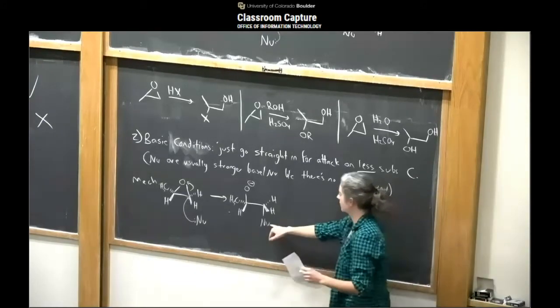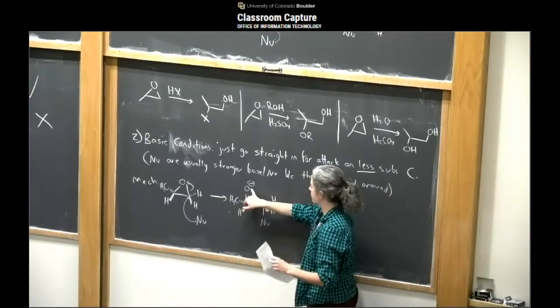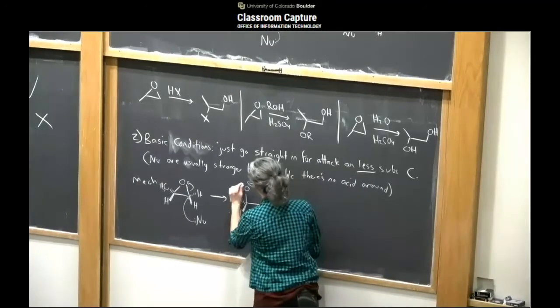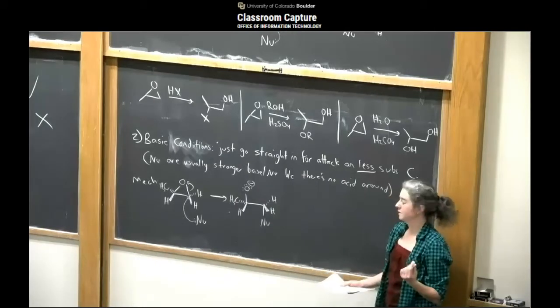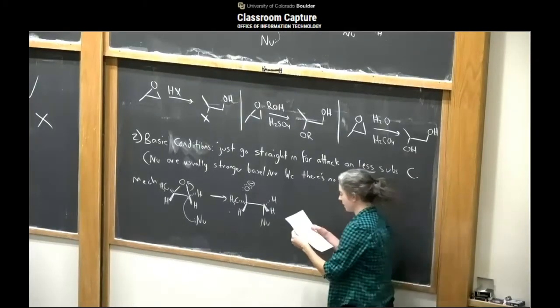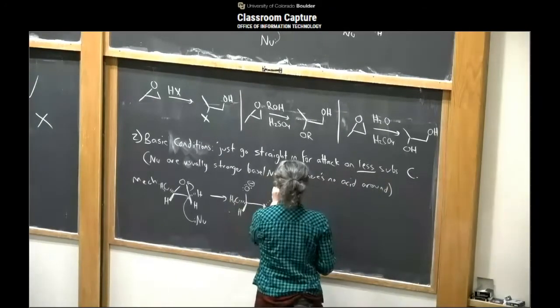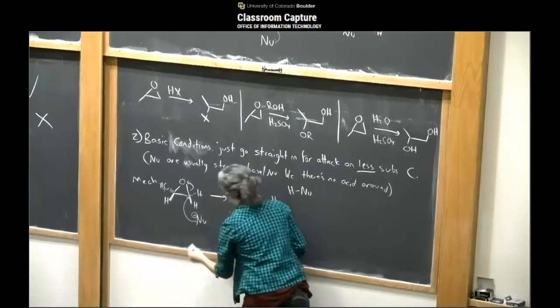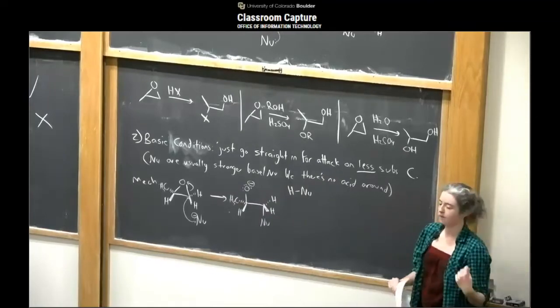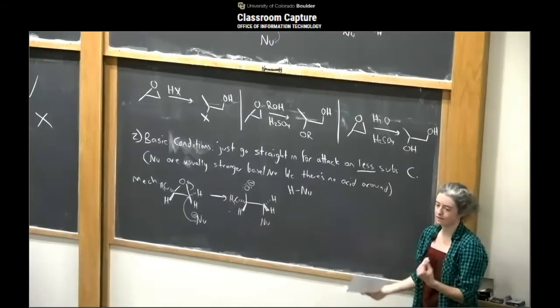Okay, so we pop the ring open with the nucleophile, kick out the oxygen, but in this case we've got to do one more step to finish it up, and that is get the oxygen to be neutral afterwards by picking up a proton from somewhere else, which is usually going to be some protonated version of the nucleophile, like its conjugate acid.